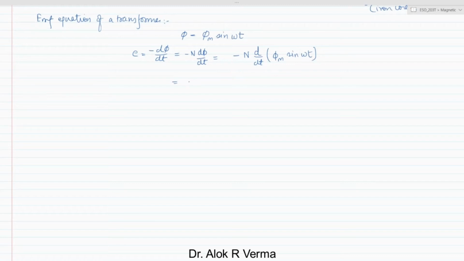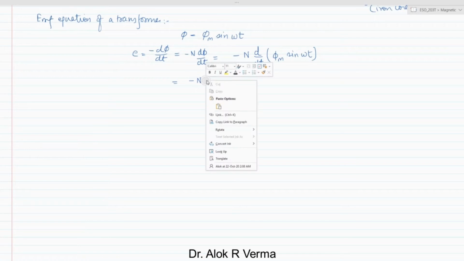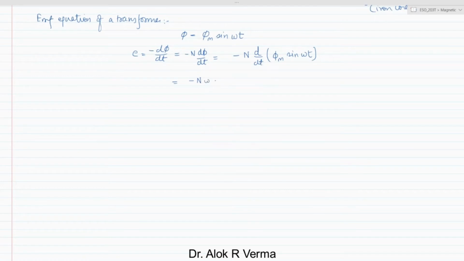Which is nothing but minus N omega phi m cos omega t, and it can be written as N phi m omega sin of omega t minus pi by 2.